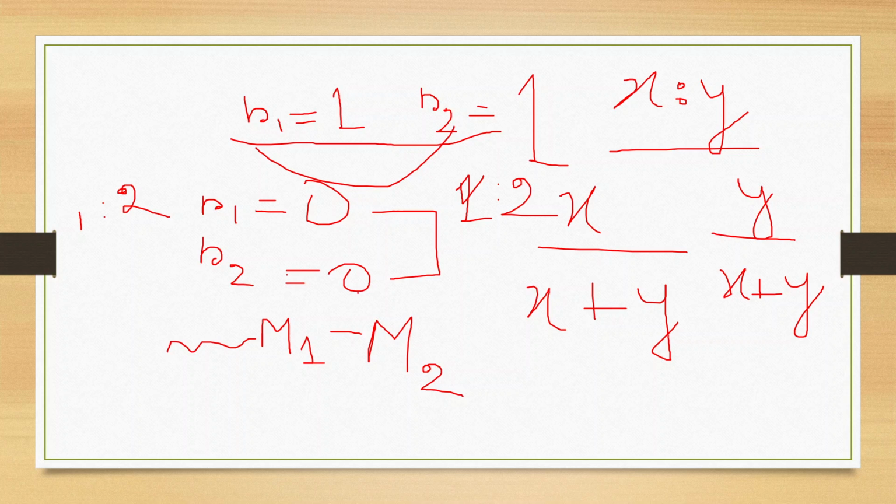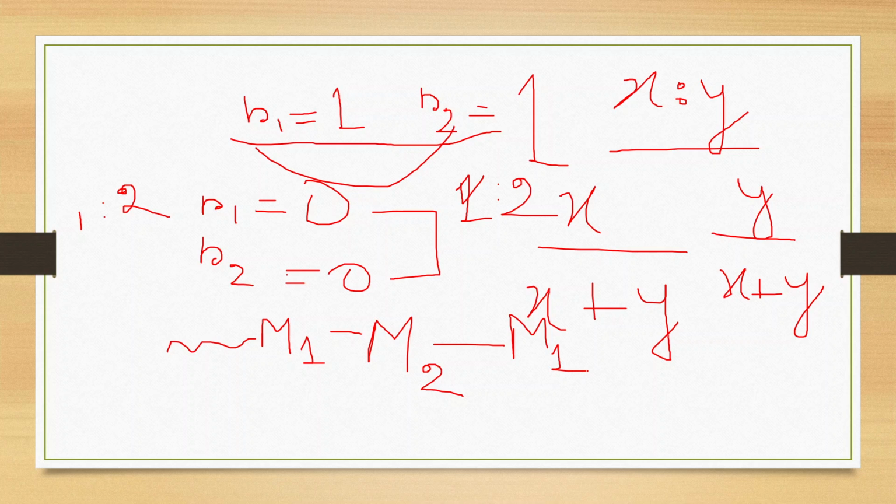Again, R2 equals 0 means M2 will not react with an M2 monomer; instead it will react with an M1 monomer. So in this case you get an alternate copolymer. First, you know that we are ending up with the alternate copolymer.